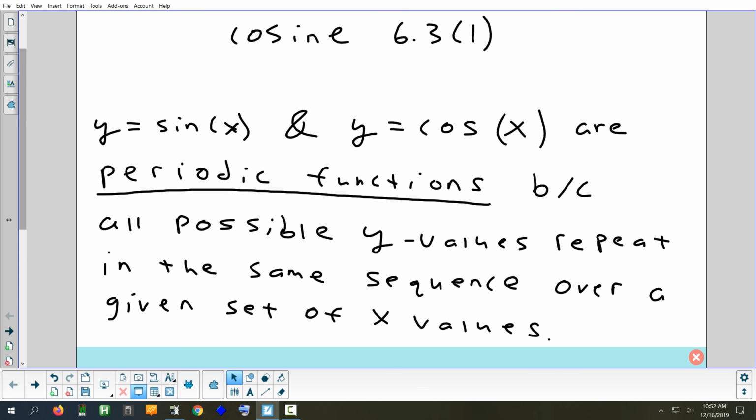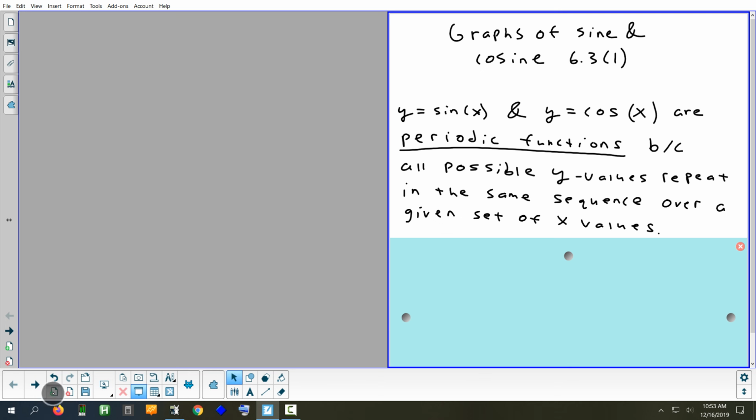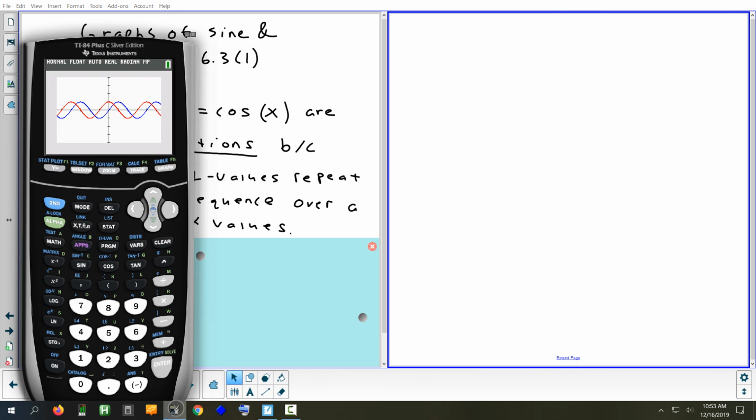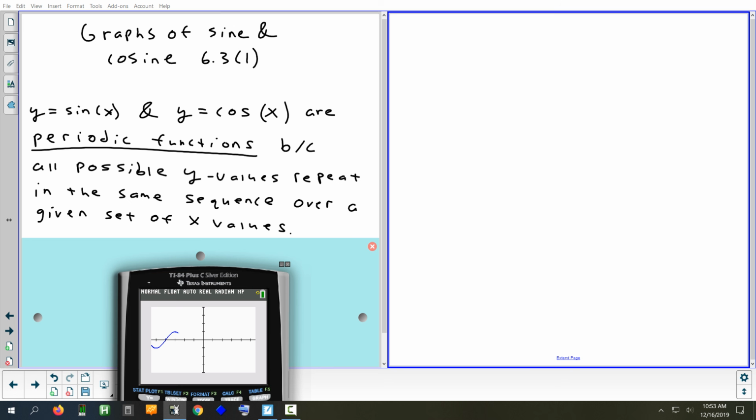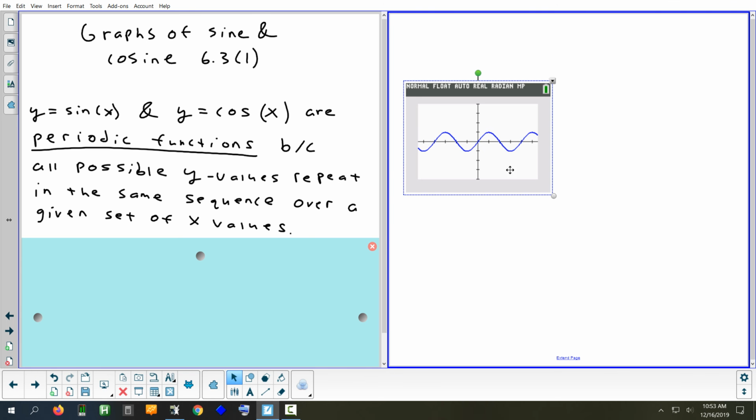So once you go through a certain amount of x values, you're going to see the same y values repeated over and over. And I'm going to show you visually what I mean by that. So let's take and just want to look at the graph of sine. All right, let's put that here.